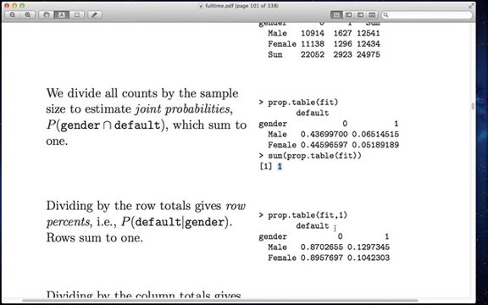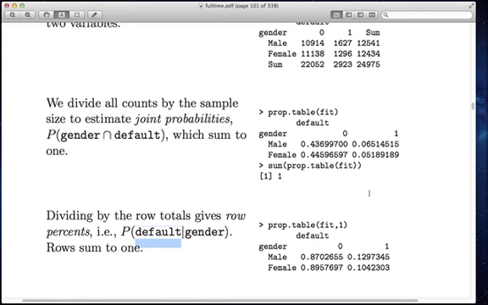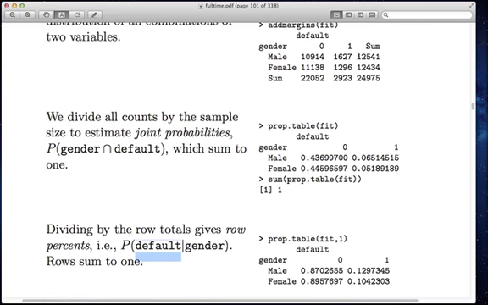Now, sometimes we don't care about these grand percents. We want to instead restrict our universe in different ways. For example, maybe I want to know the probability that a customer defaults based on their gender. In essence, I'm saying if I give you some extra information that a person is male, what's the chance that this person defaults? The universe of males consists of 12,554 of them.